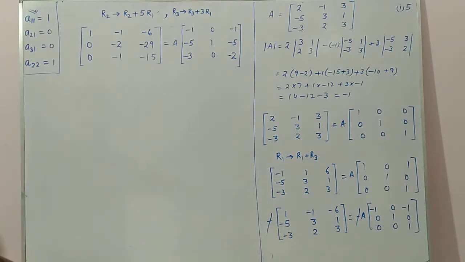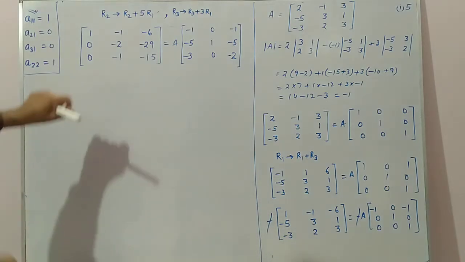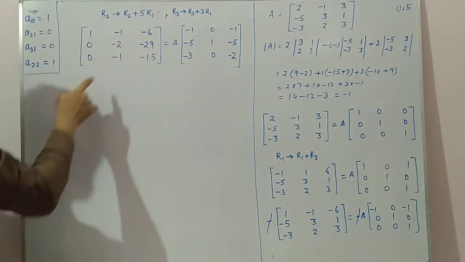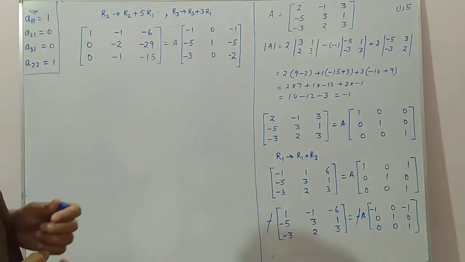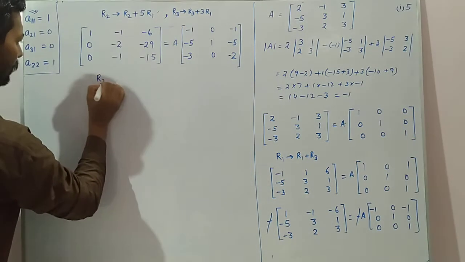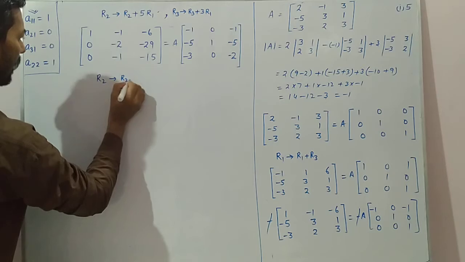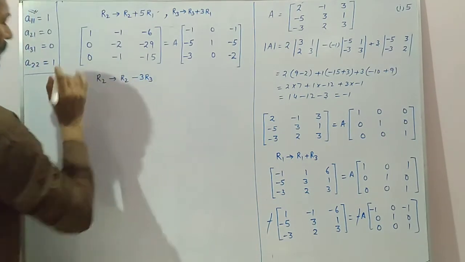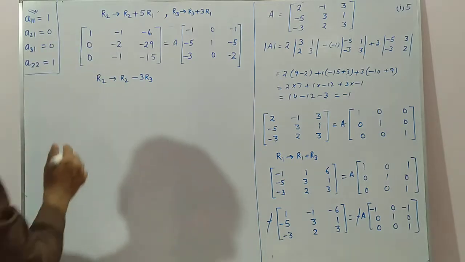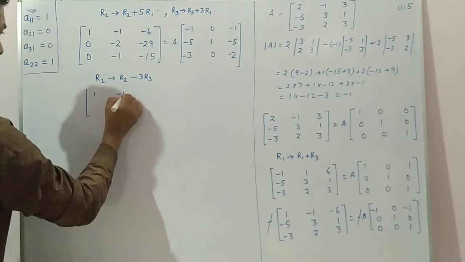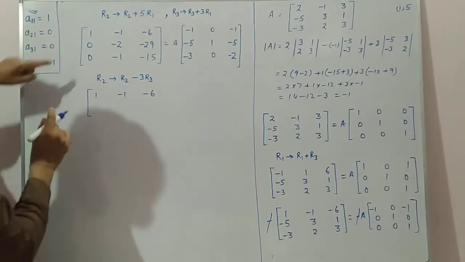Next target is to make this one 1, a22 should be 1. So this is minus 2. So minus 2 plus 3, that will be 1. So here what we are doing, R2 changes to R2 plus 3R3. So minus minus plus 3 it will be, just see here, 1 minus 1 minus 6.